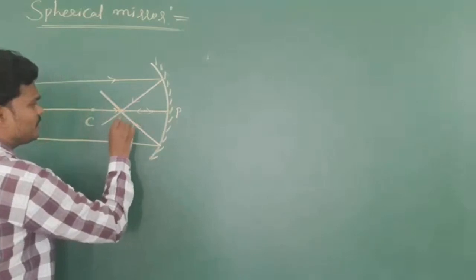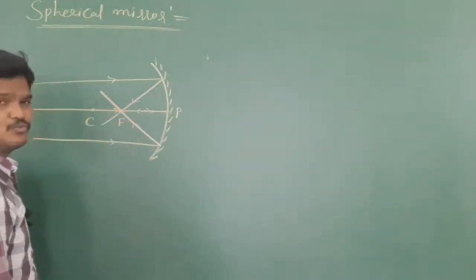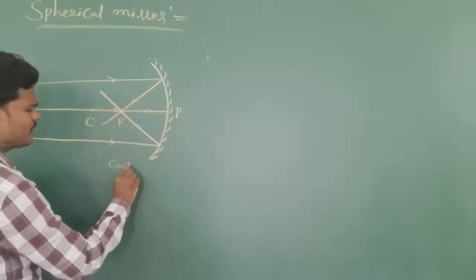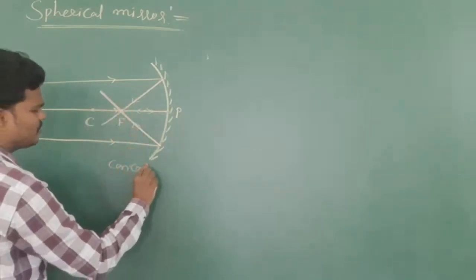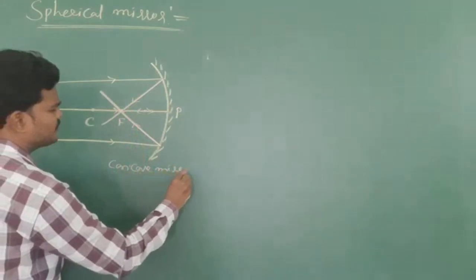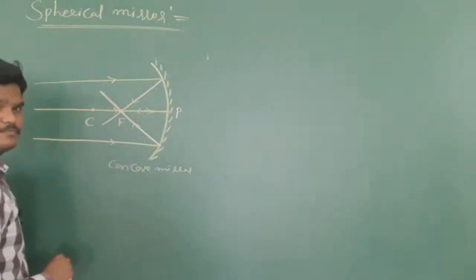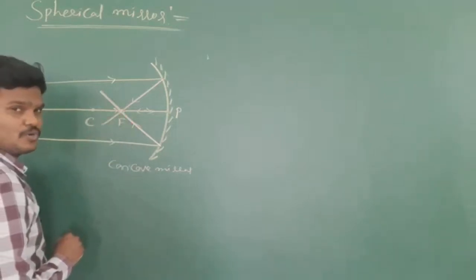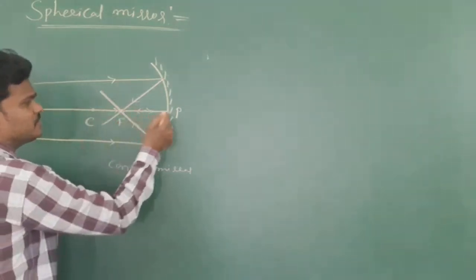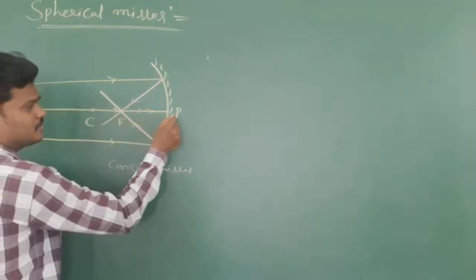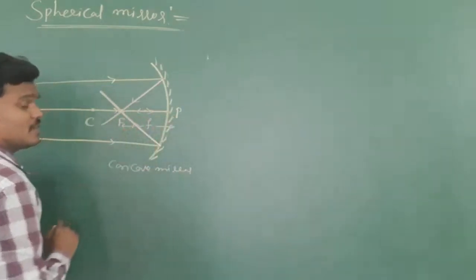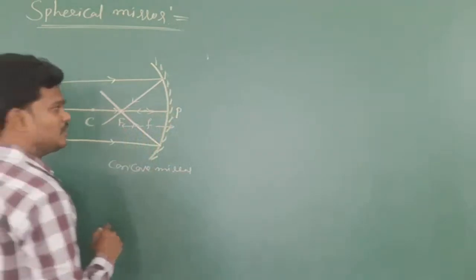This fixed point we can call the principal focus. In the case of a concave mirror, the principal focus is a real point. So this is the real principal focus, and the distance between the focus point and the pole we can call the focal length.